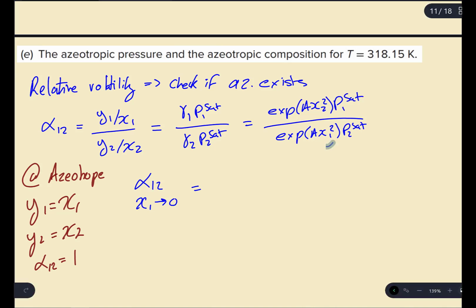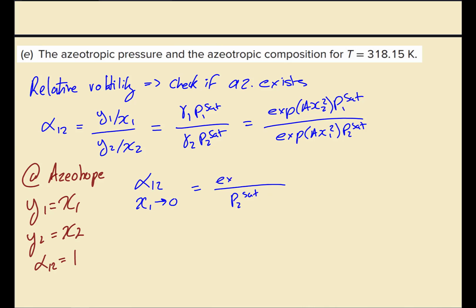Right? Exponential to the power of 0, so we just get P2 sat, like we said. So we write P2 sat and exponential of A only. Why? Because x2 would be 1. If x1 is 0, x2 is 1. So then we just put A, and then we write P1 sat.